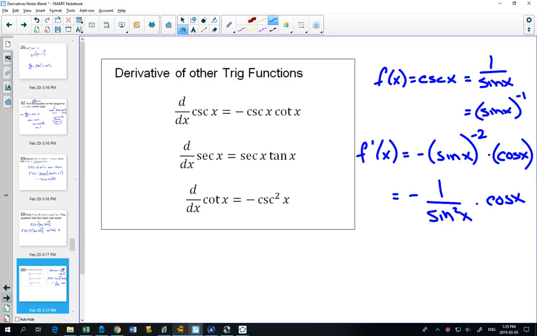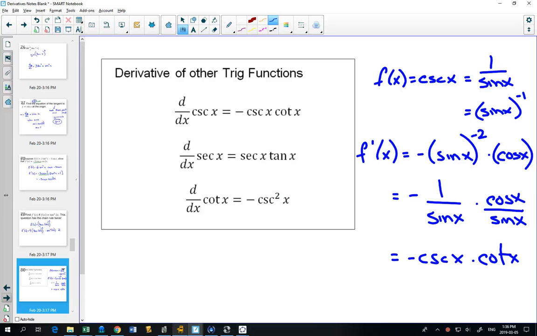You could leave it like that. Can you see that they have decided to take that sine squared and write it as sine x times sine x, because that would be sine squared x. And 1 over sine x is negative cosecant x, and cos over sine x is cotangent x. And that's how it's written in this form.